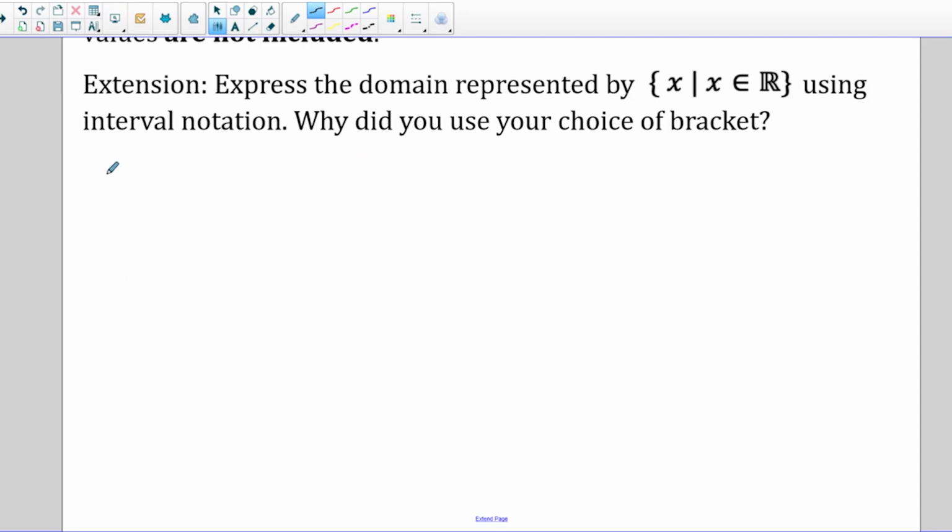So in this case, it would actually make the most sense for us to look at our domain as the interval from -infinity to +infinity. Now, why would we use round brackets instead of square brackets? Well, let's look at the difference between the two.